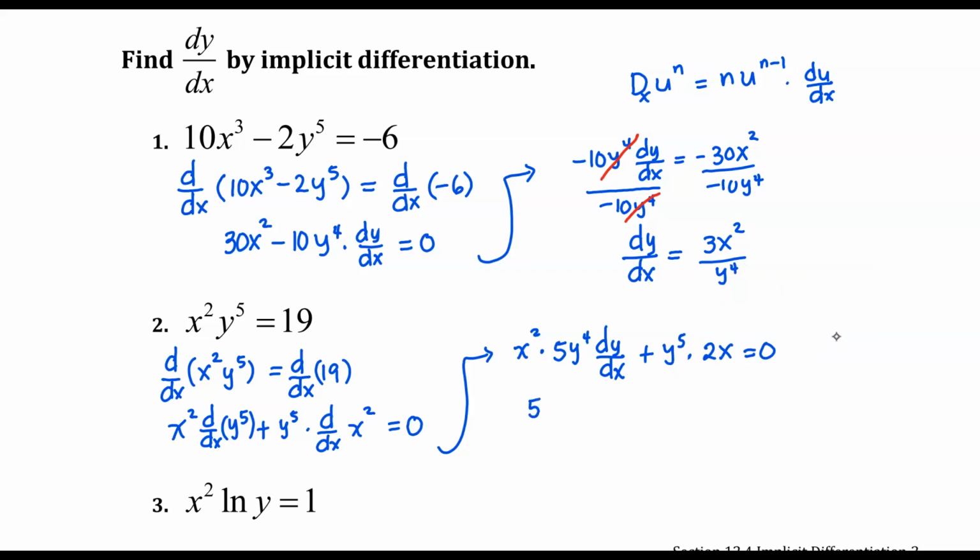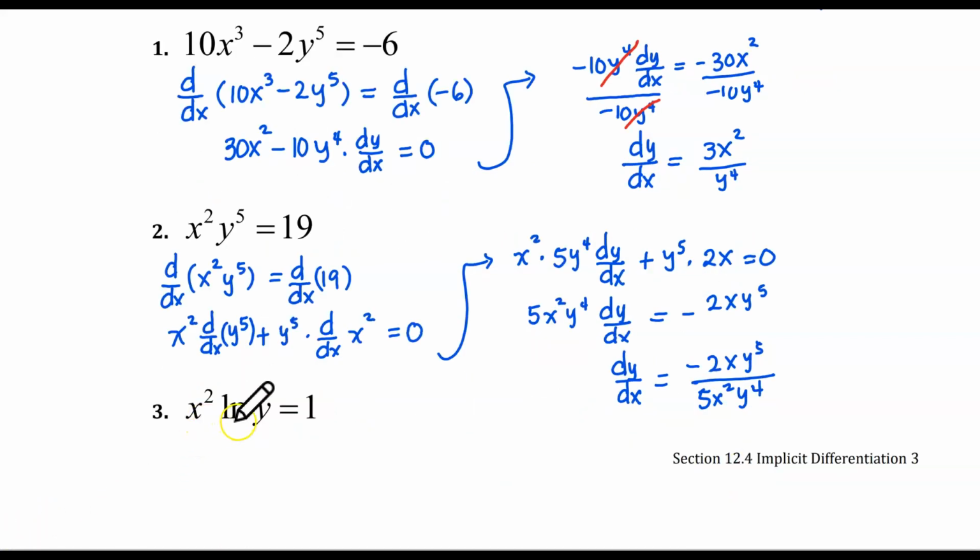So you have 5x squared y to the fourth dy/dx is equal to negative 2x y to the fifth. And then you divide both sides of the equation by this expression here, 5x squared y to the fourth. And so therefore dy/dx is equal to negative 2x y to the fifth divided by 5x squared y to the fourth.